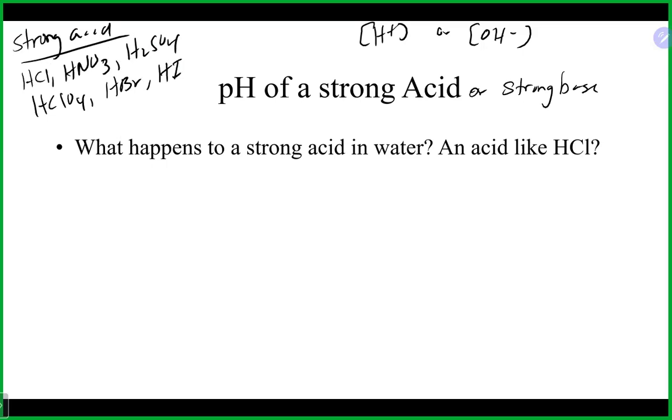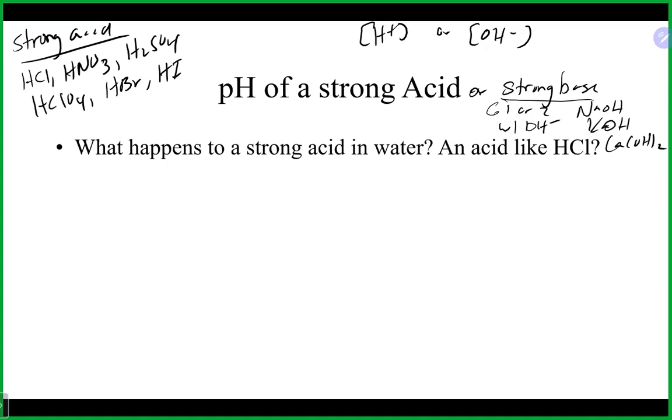And again, you may be given an actual formula of any of these acids. Remember, in terms of our strong bases, group 1 or group 2 on the periodic table that has hydroxide in it, like sodium hydroxide, potassium hydroxide, calcium hydroxide, etc.